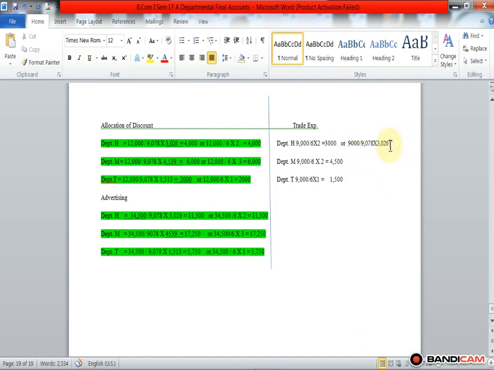So calculate or allocate the expenses on the basis of sales ratio. Calculating sales ratio is very easy. Those students who did not calculate the ratio only cancel the zero from the amount of sales, and those students who calculate the ratio distribute the expenses on the basis of sales ratio. Okay, it is for example.